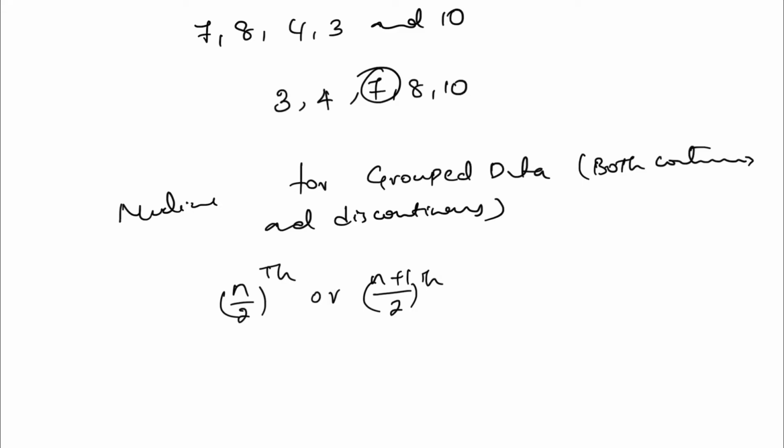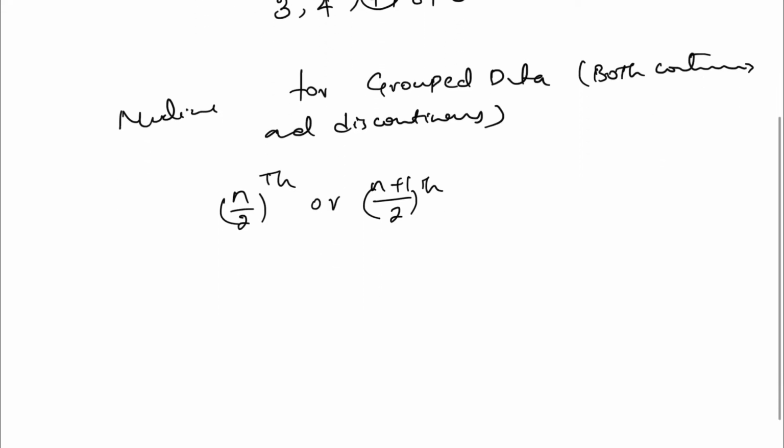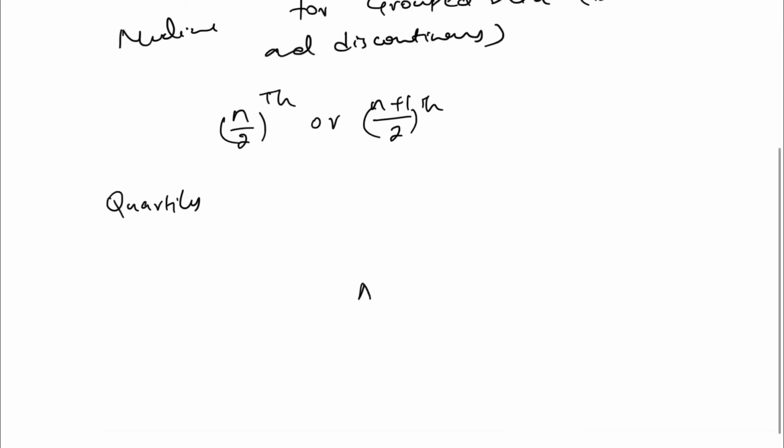Now coming to the quartiles. What are quartiles? Quartiles are those values of the variate which divide the total set of data into 4 equal parts. So if we have A and B, then Q1, Q2, Q3.